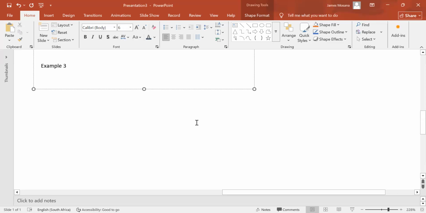So example 3. Here, I want us to look at the revaluation of land.